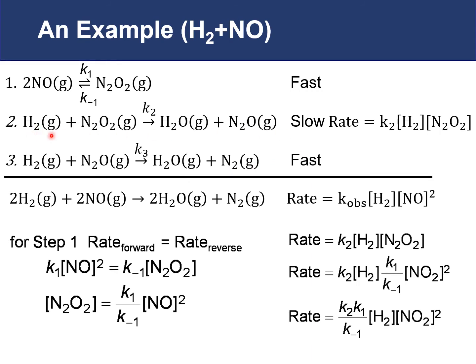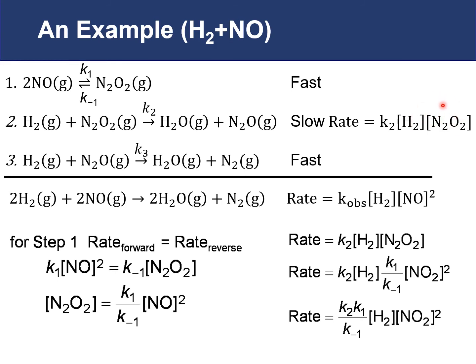This second step is proposed to be the slow step, and the rate law for this particular step would be the rate constant K2 times hydrogen H2 times N2O2, both raised to the first power.